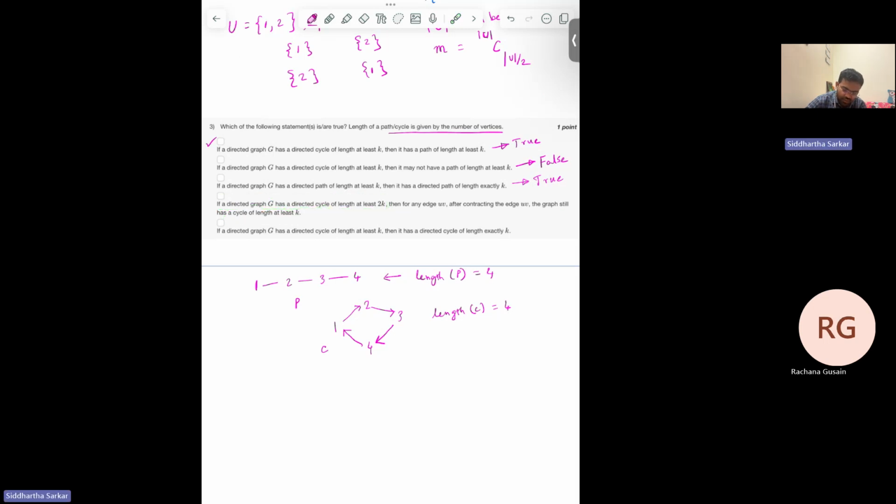So first let us draw this directed cycle. So there is this directed cycle. The direction is, let us say, like this. And the number of vertices participating in this directed cycle is at least 2k.